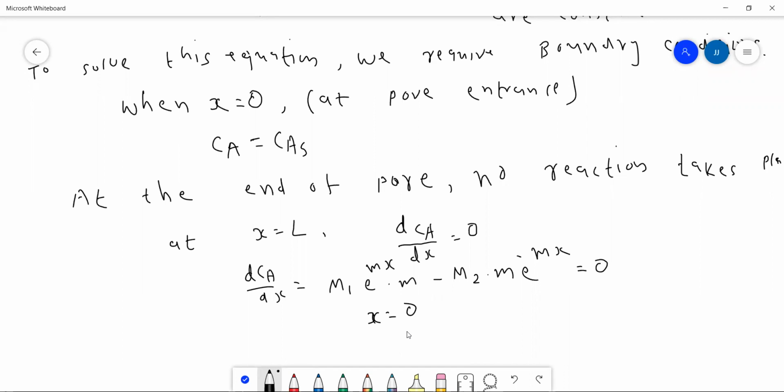First let's write the equation. If you substitute 0, then this becomes 1, and this becomes 1.